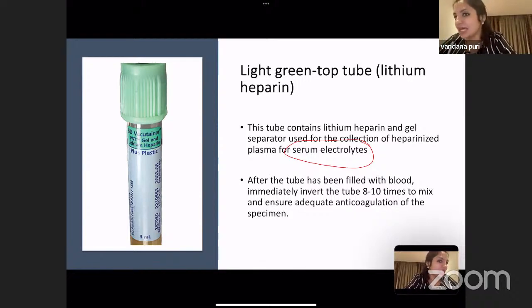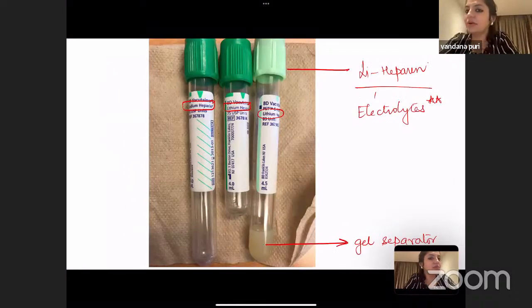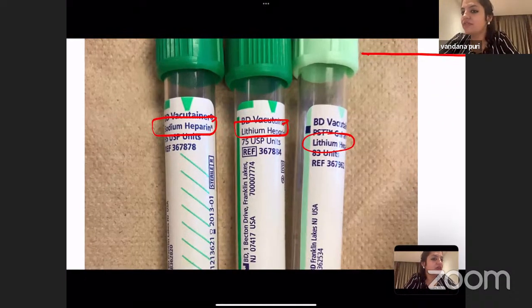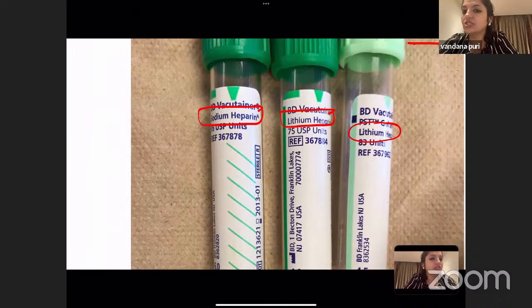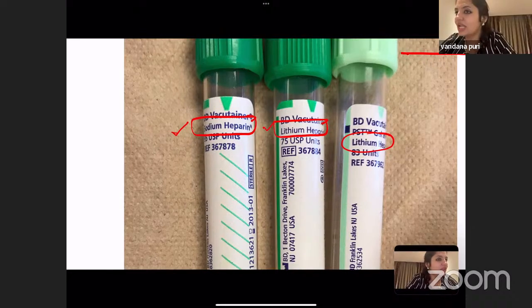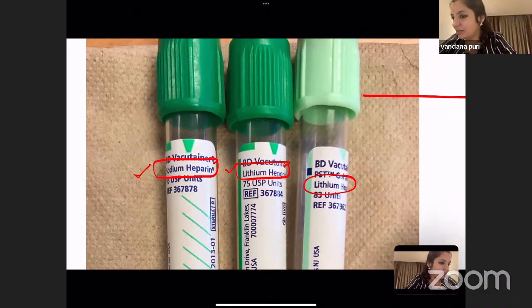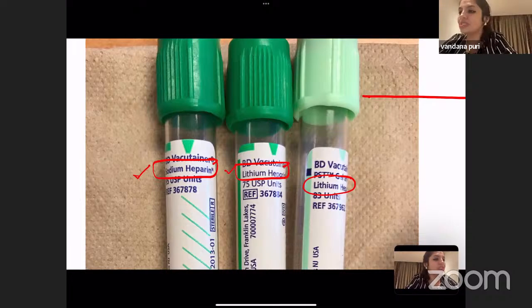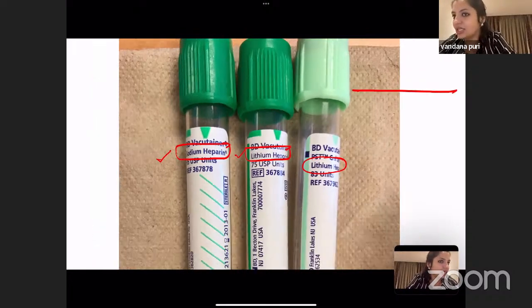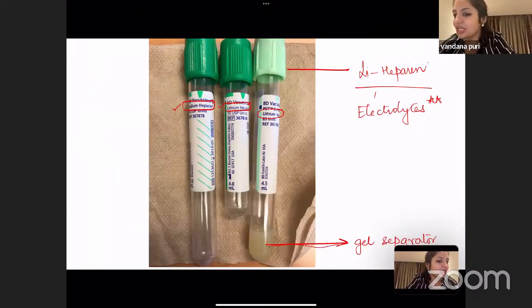Now, why is this light green? Remember that lithium heparin, I'm just highlighting, see here, we have three vacutainers. This is your sodium heparin and lithium heparin. Both can be dark green, but we also have a light green color lithium heparin. Why so? Because this light green color lithium heparin has a gel separator.